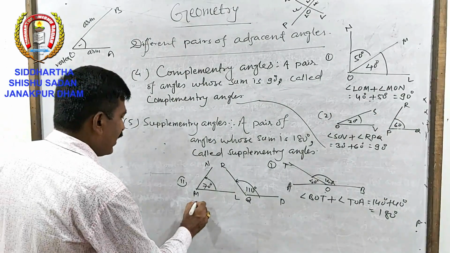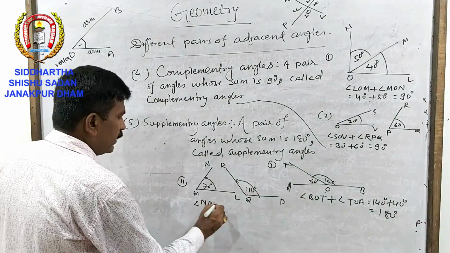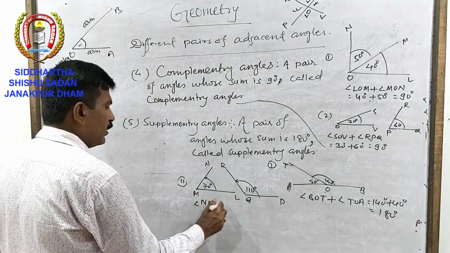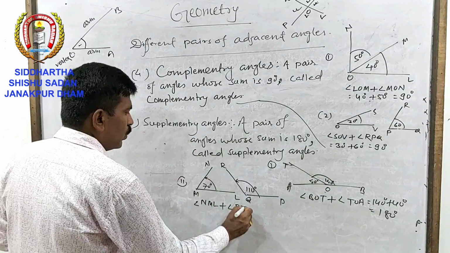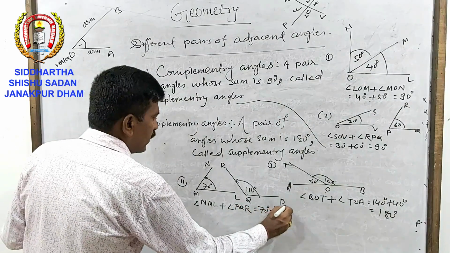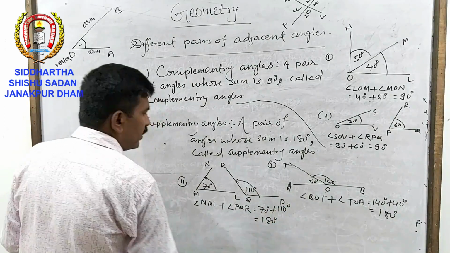Then angle N, M, L plus angle P, Q, R is equal to 70 degree plus 110 degree is equal to 180 degree.